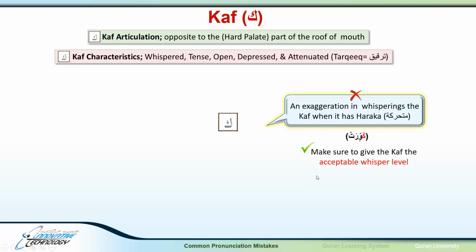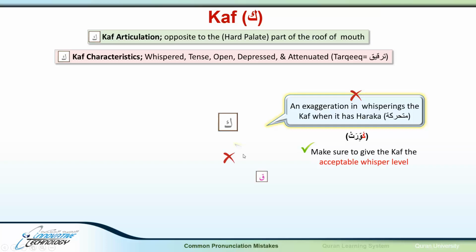And this is not right. The right way of pronouncing it is to make it less whispered and less exaggerated, like what you're going to hear now. كورت Kuwirat, without an extension of the ku. So make sure to give the kaf the acceptable whisper level.